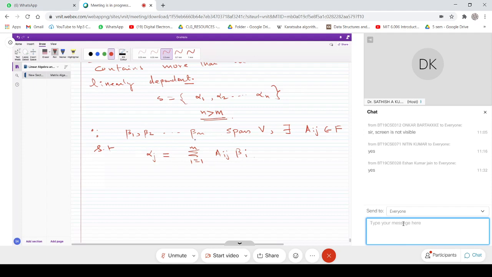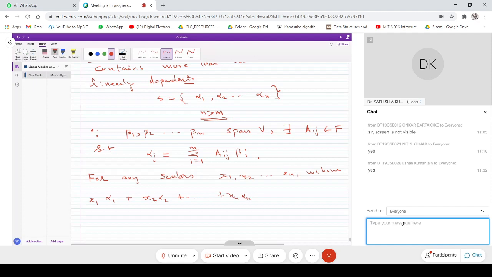It's not beta n. But then, for any scalars x1, x2, etc., xn, we take this combination: x1 into alpha 1 plus x2 into alpha 2 plus etc., xn into alpha n.